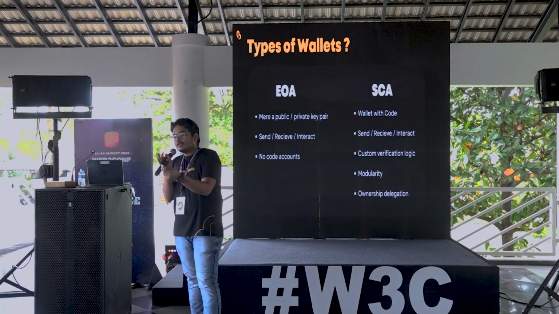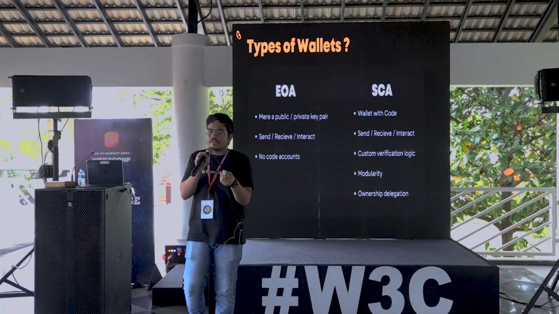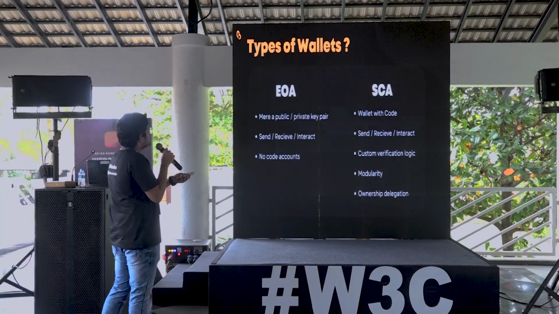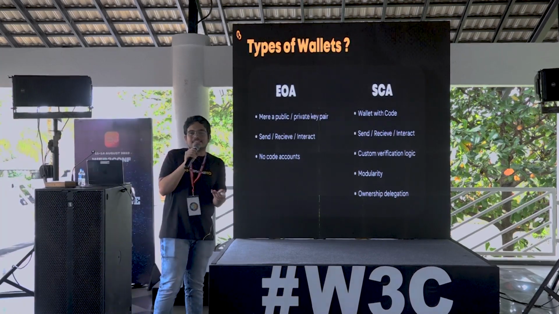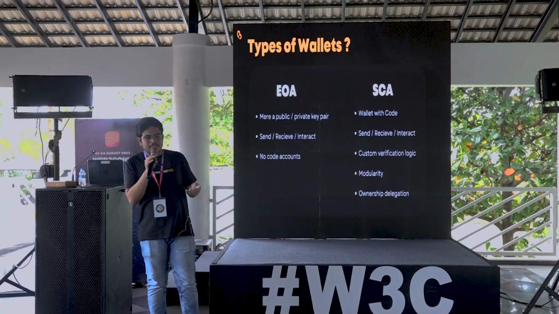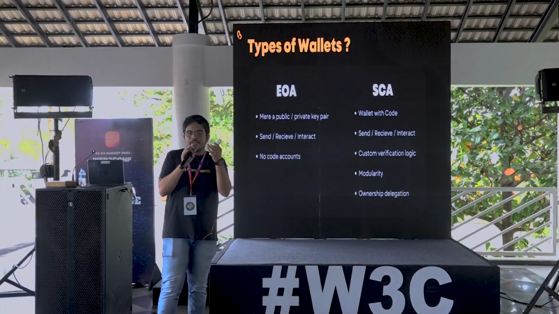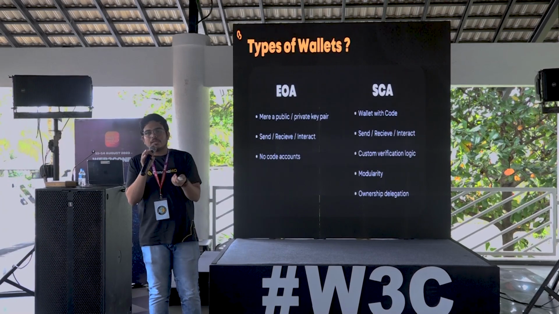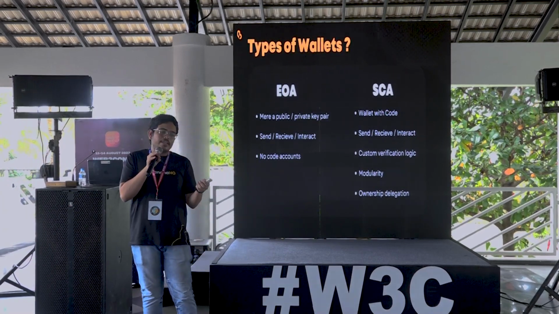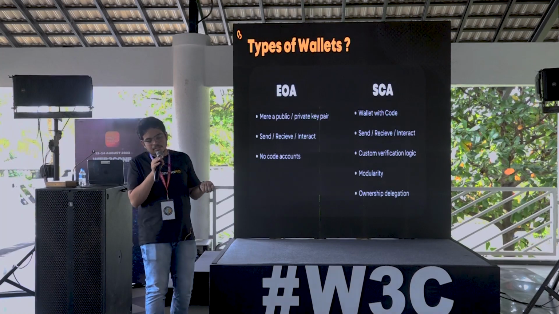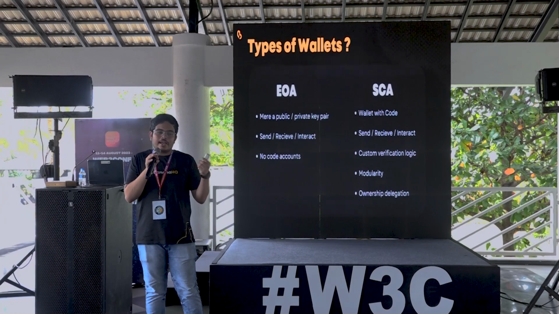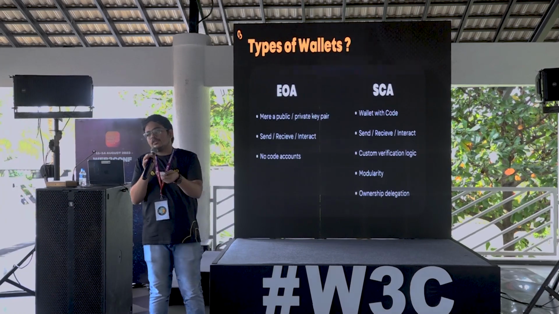So let's talk a bit about types of wallets, and then we'll go a little deeper into smart contract accounts, what features we get with them, and a lot more. The first type is EOA, which is just a public-private key pair. You get a seed phrase and start generating public-private key pairs with it, and those key pairs are accounts. The public key is your Ethereum address. The private key is another 32-byte string which enables you to sign data, and that signature you can get verified on chain.